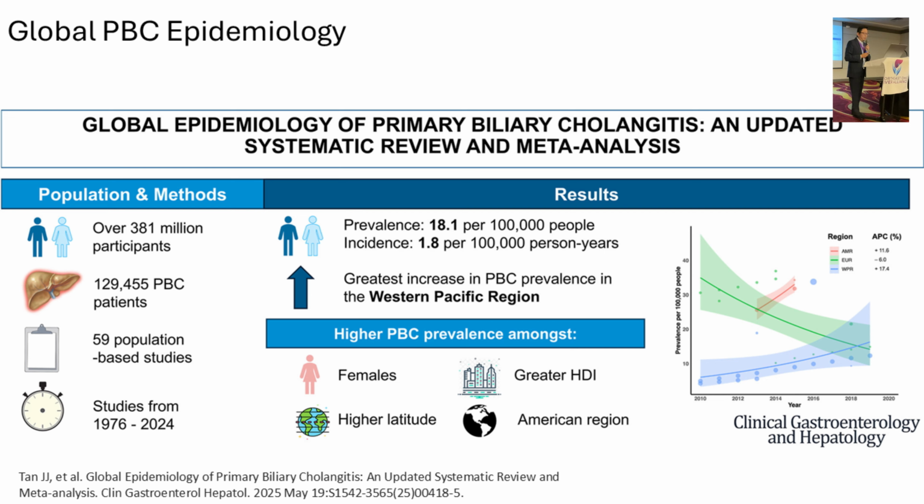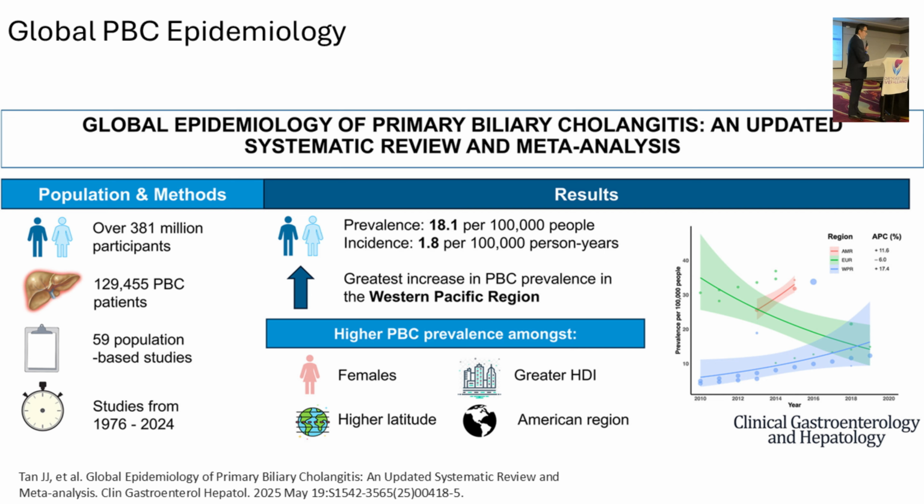The greatest increase in PBC prevalence over the past 50 years is actually in the Western Pacific region. If you look at the graph here on the left, the green line that's going down is European countries. So the prevalence of PBC is going down in Europe. But if you look at the bottom line here, that's blue line on the right, that's the Western Pacific region, specifically Japan, Korea, Taiwan.